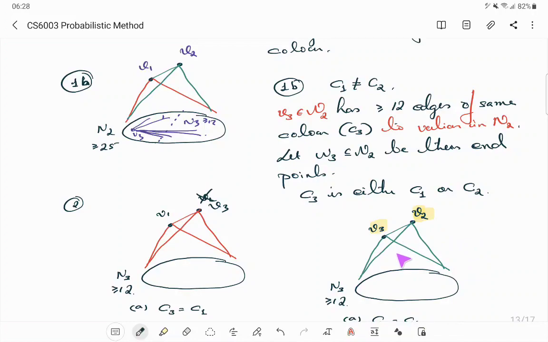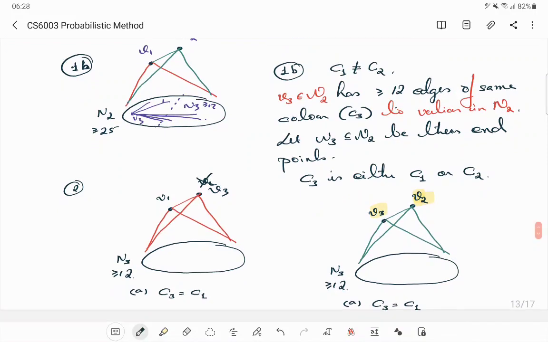Why? Because N3 being a subset of N2, all the edges it sends to V2 are green. All the edges that N3 sends to V3 are also green, because that's the case we are considering. The V3 to V2 edge is green because V3 is part of N2. So you get this green structure.